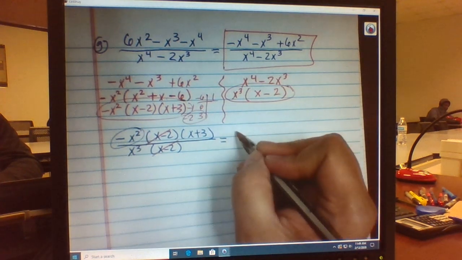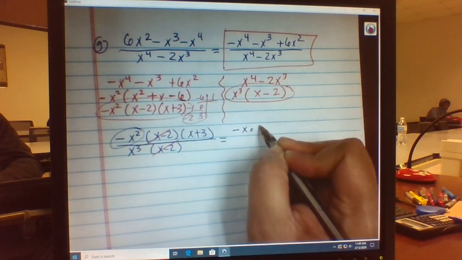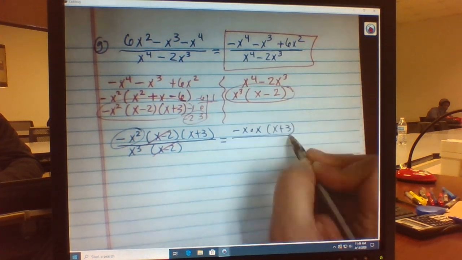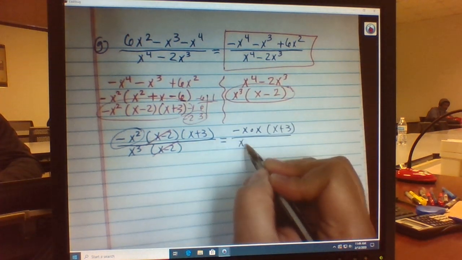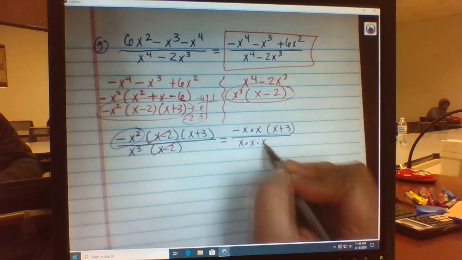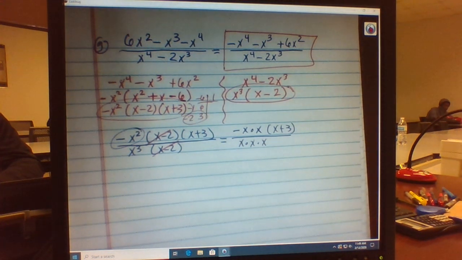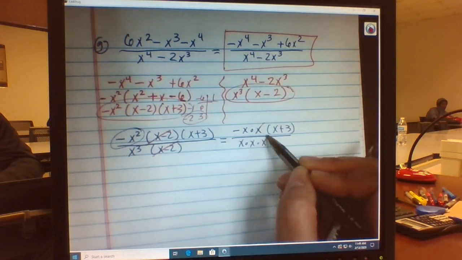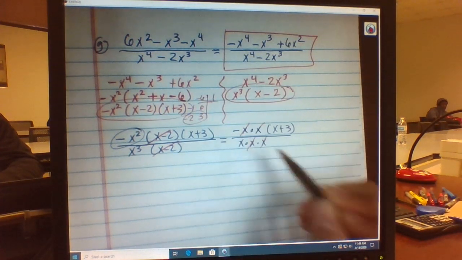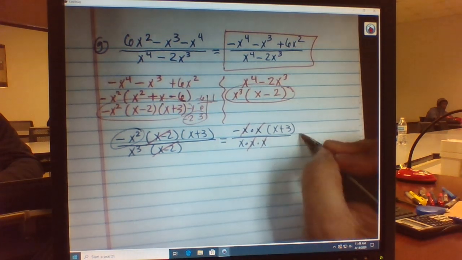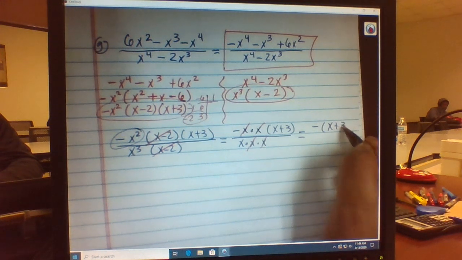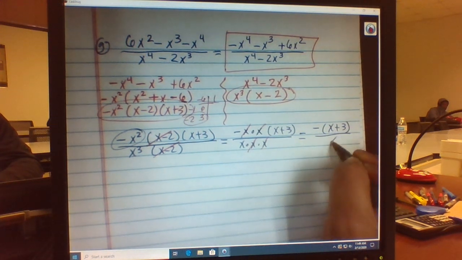This is negative x times x, x plus 3. This means x times x times x in the bottom. So we have to break it down. Can I still eliminate an x and an x? So your final answer is negative x plus 3 over x.